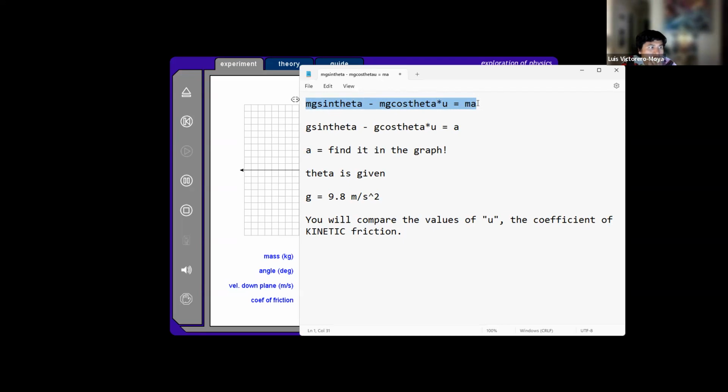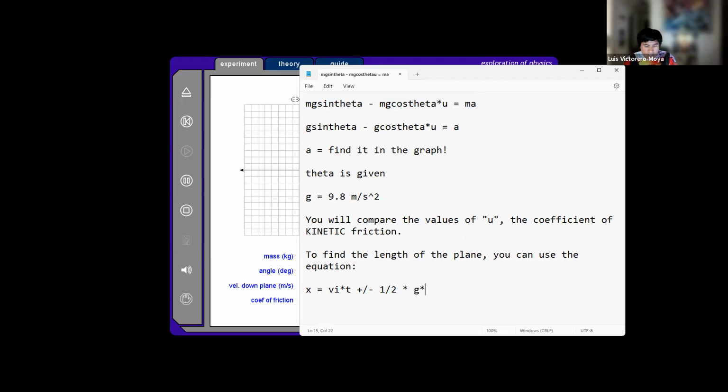Use information from the graph to find the length of the incline. If you have the acceleration and the initial speed, you can find the length of the plane using the equation x equals v initial times t, plus one half a t squared.